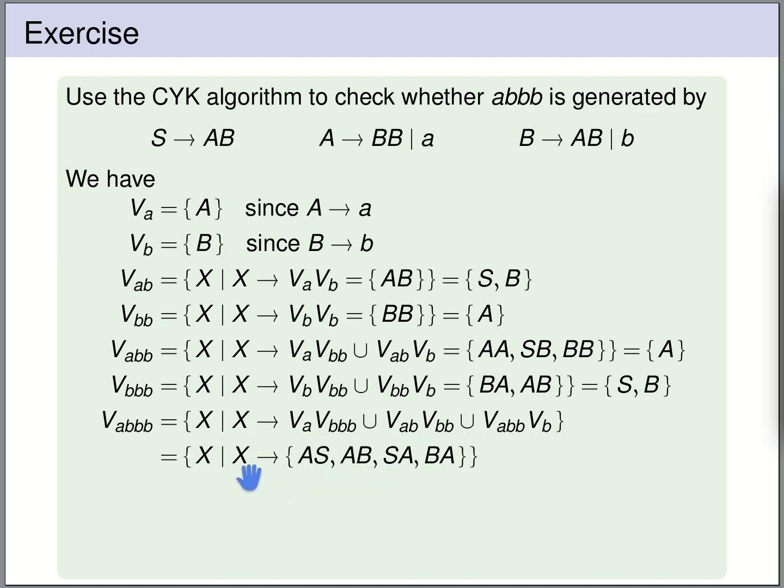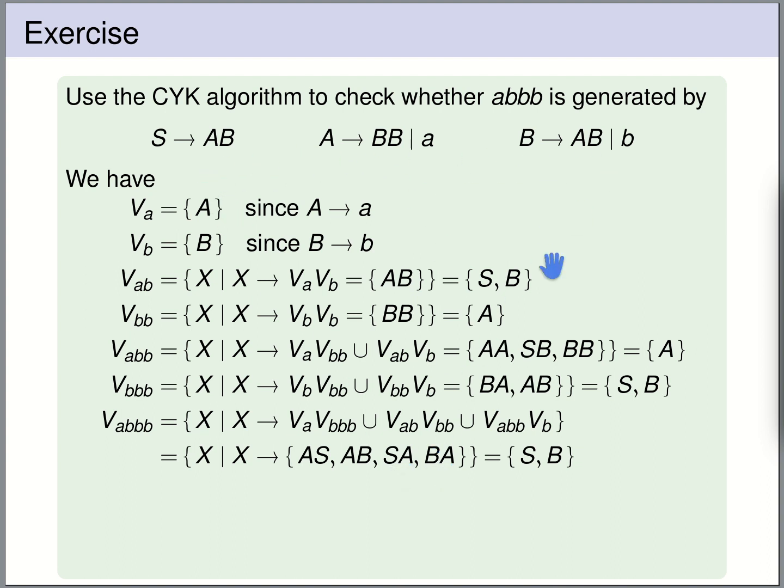Okay, so we are looking for all those production rules that have one of these in the right hand side. We never have AS. We have AB, namely for this rule and for this rule. So definitely we have S and B in this set. SA appears never.